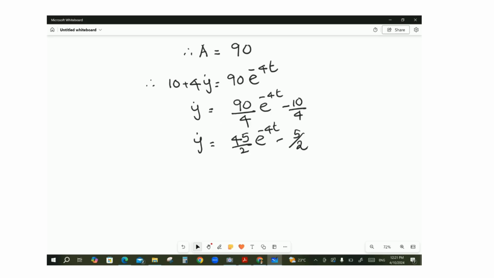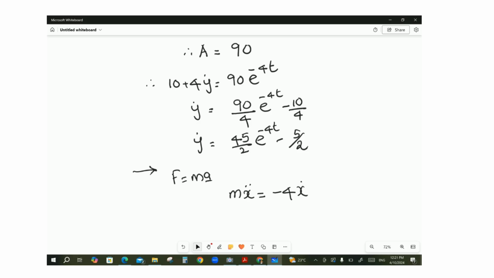Now that was the vertical velocity. Now we want to find the horizontal velocity, therefore I will use F equal to ma in the horizontal direction. So this is equal to m x double dot is equal to minus 4x dot, because air resistance is proportional to velocity, and the constant is minus 4.